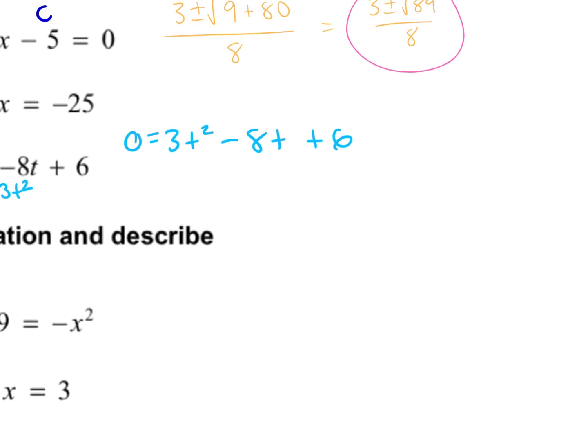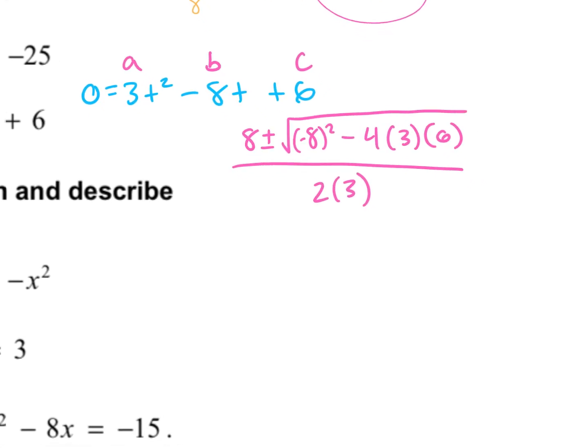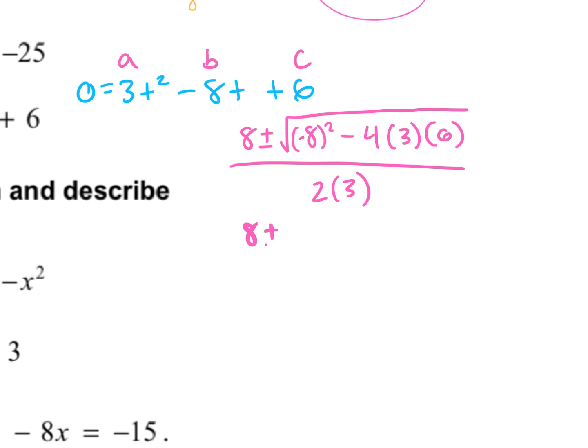What should I do next? Label. We have a, b, and c, and then we plug in. Negative b plus or minus square root b squared minus 4 times 3 times 6 divided by 2 times 3. Awesome. Perfect. So this would be 8 plus or minus, what is negative 8 squared? 64.